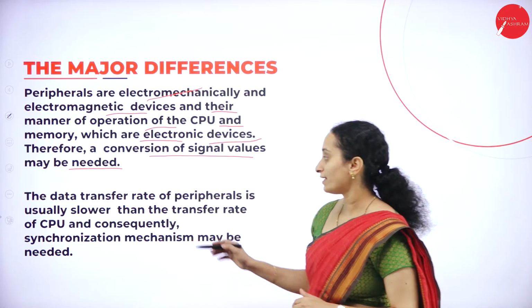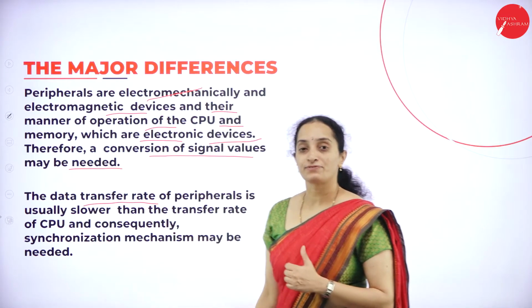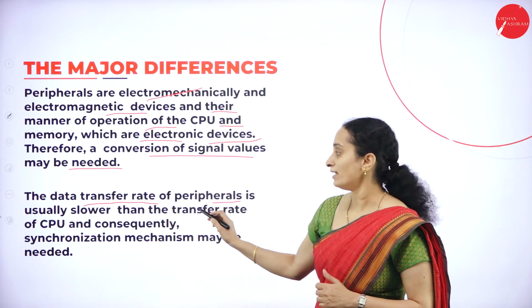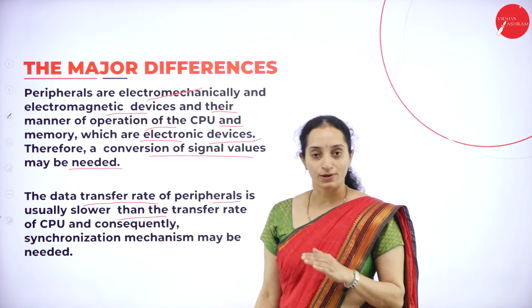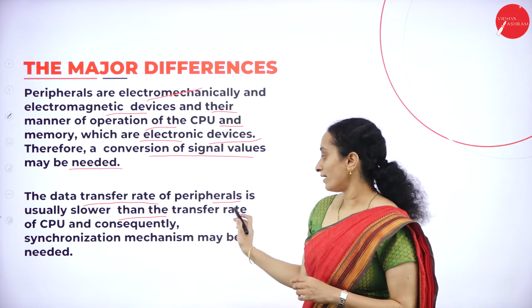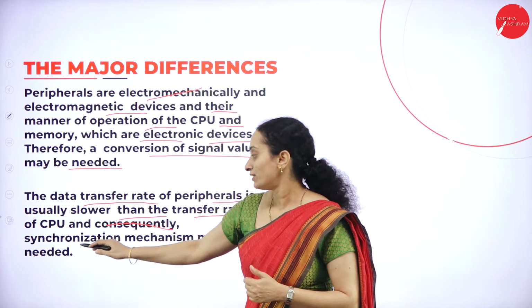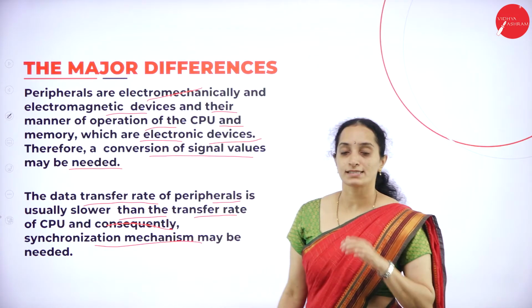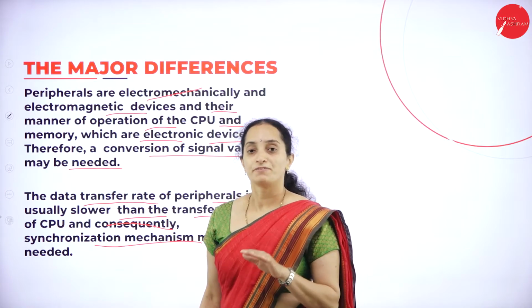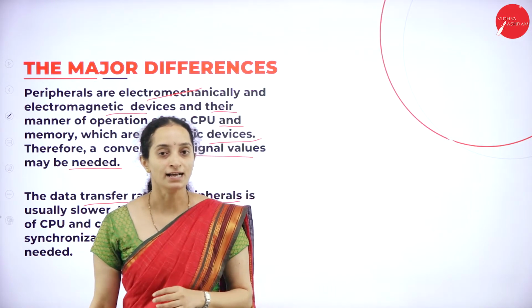computer. Along with that, the data transfer rate of the peripheral is normally slower than the transfer rate of CPU, and you need to have a synchronization mechanism between the peripheral device and the CPU.